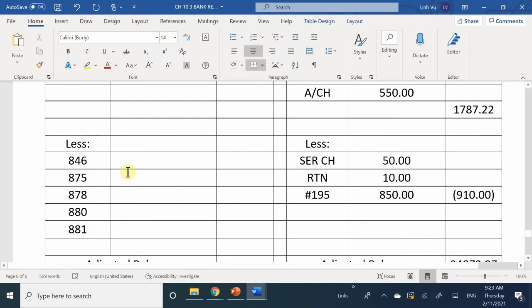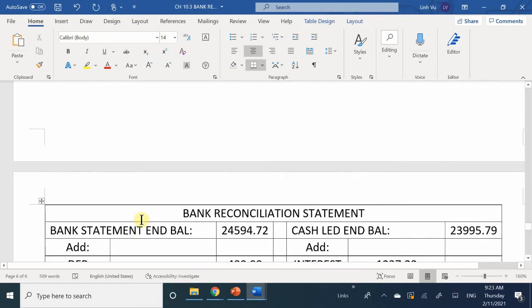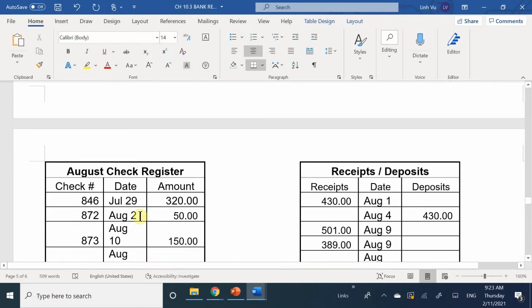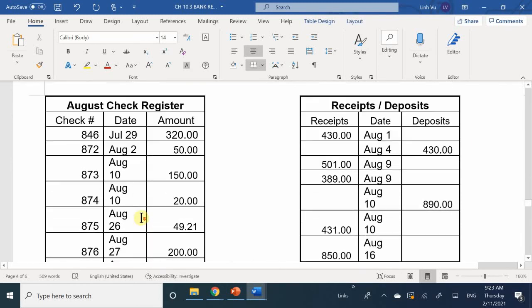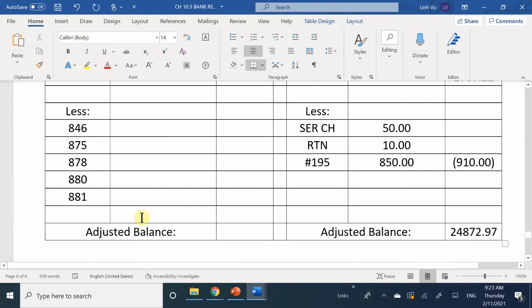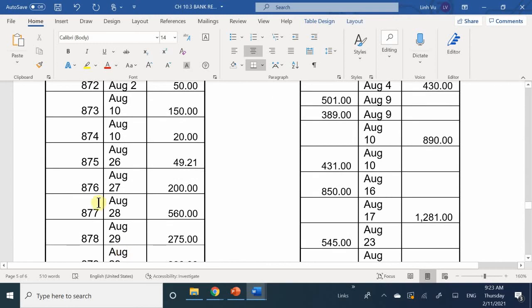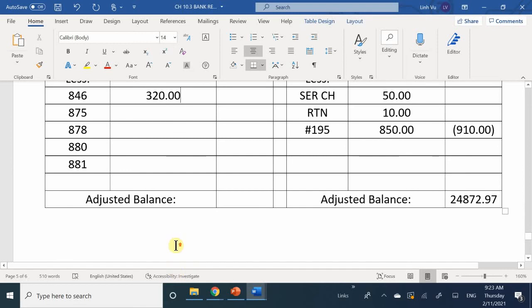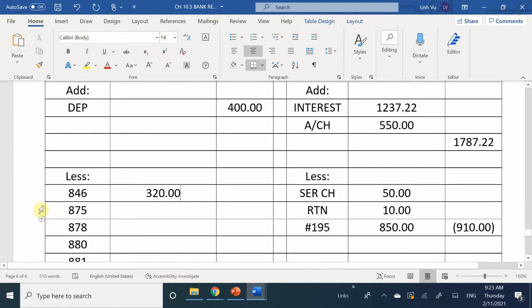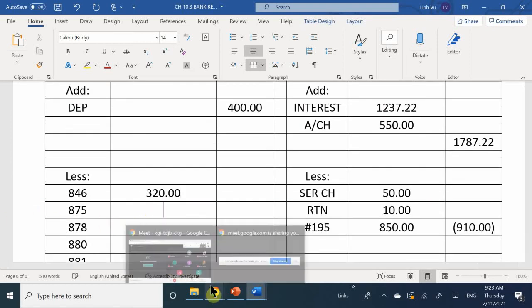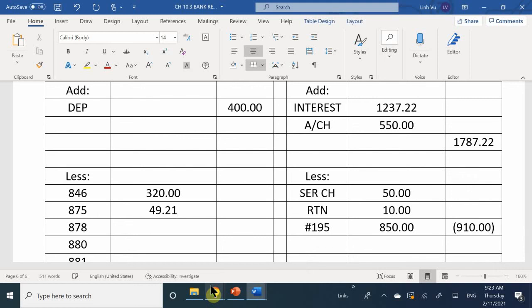All right. Now let's go ahead and calculate all those totals. 846 was written for 320. 875 was written out for $49.21.